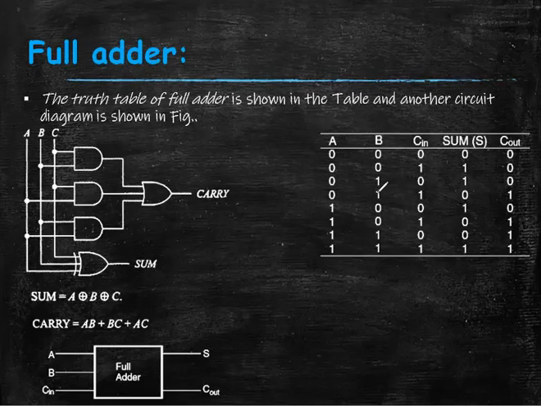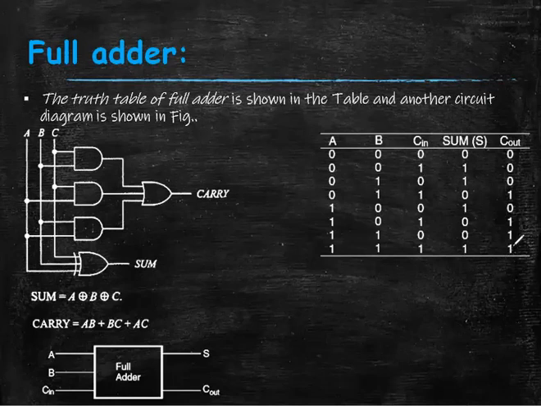Look here, B and C are high, but the sum is low. And here A is high, the sum is high. In these two cases the sum is 0. And in the last case, when A, B and C are high, the sum is high. Then when an odd number of inputs are high, the sum must be equal to 1.